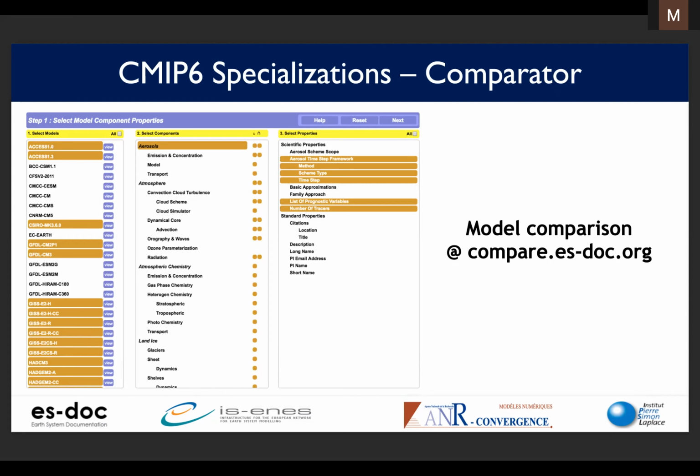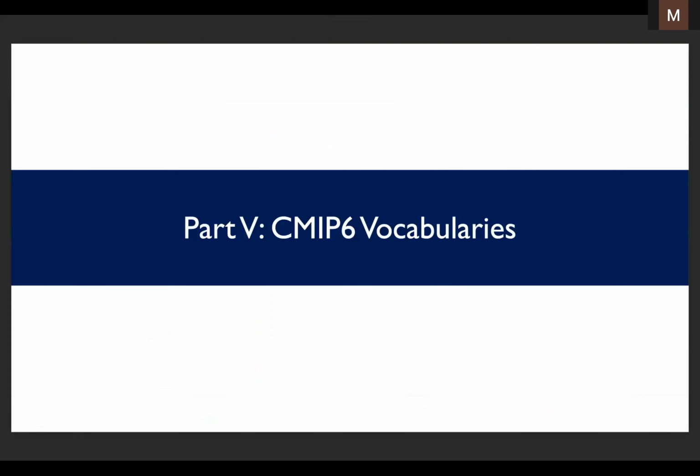Within the context of CMIP6, for example, we have pretty extensive specializations, and they will all be feeding into the comparator. So you will be able to, for models A, B, and C, look at differences in ocean advection, assuming the modeling groups are filling in their documentation, of course.